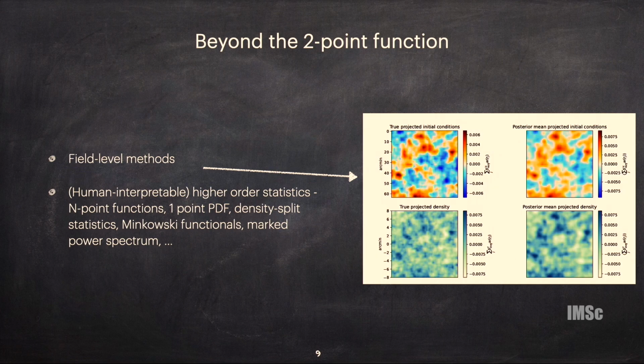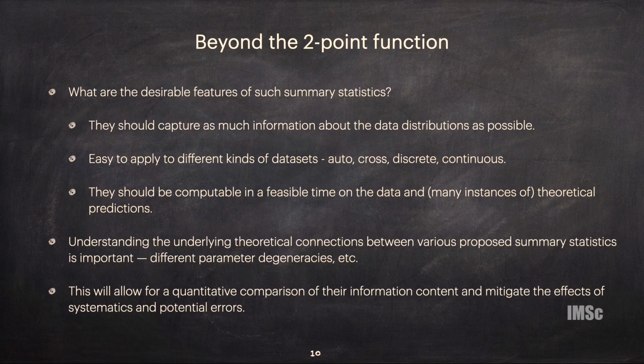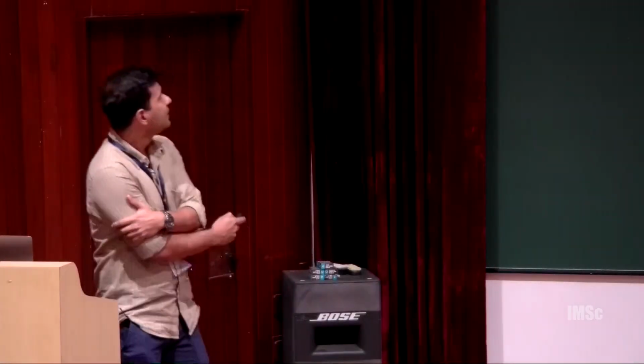What I'm going to do is first give you a list of what we want from summary statistics that are looking to go beyond the Gaussian part. First, of course, they should capture as much information about the data distribution as possible. Secondly, it should be easy to apply to different kinds of data sets. You should be able to talk about autocorrelations in a data set, cross correlations between data sets. You should be able to apply it to continuous maps, discrete data sets, everything.